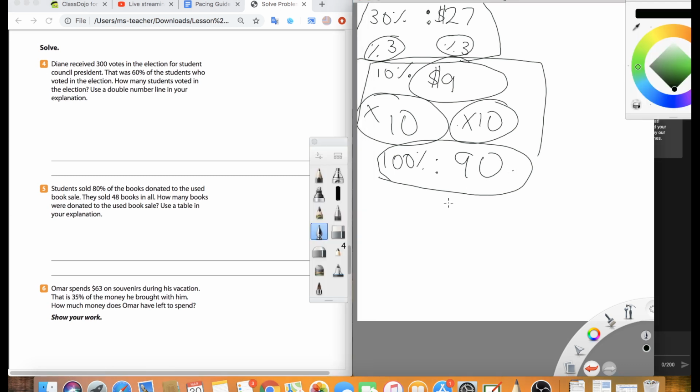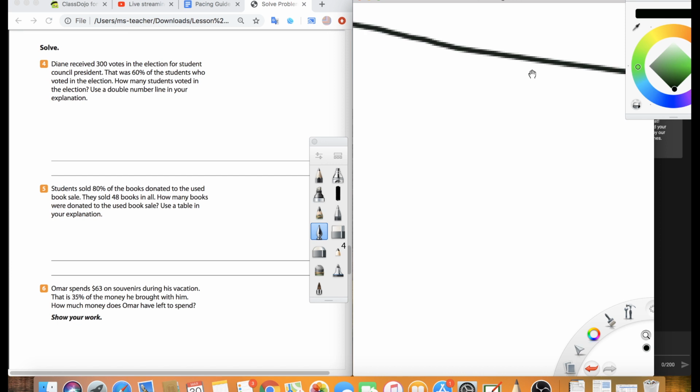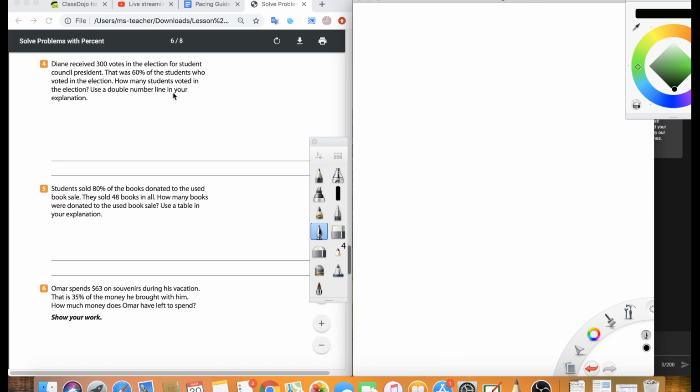Let me show you over here. Let's zoom in so we can get more, there we go. So number 4 says, Diane received 300 votes in the election for student council president. That was 60% of the students who voted in the election. How many students voted in the entire election? It says use a double number line, but I want to use the trick I know.